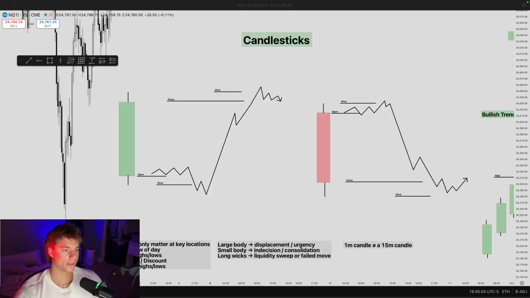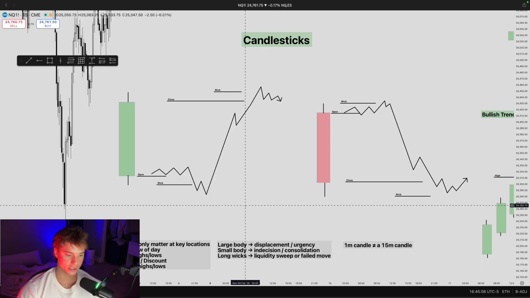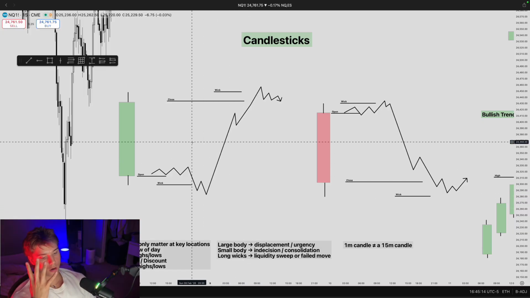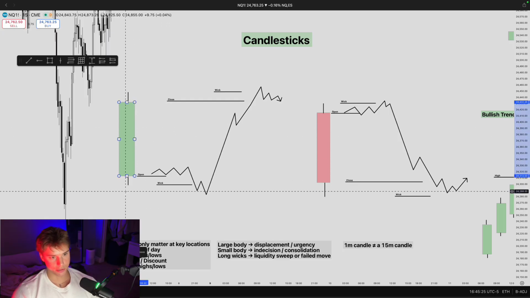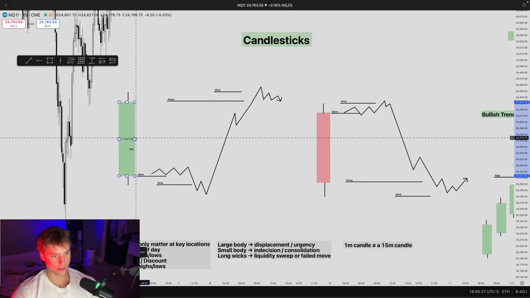So, going right into it, a candle is a visual representation of where price has moved over time. There are four main components of a candle. You are going to have your body, which, as you can see right here, I drew out some candles.